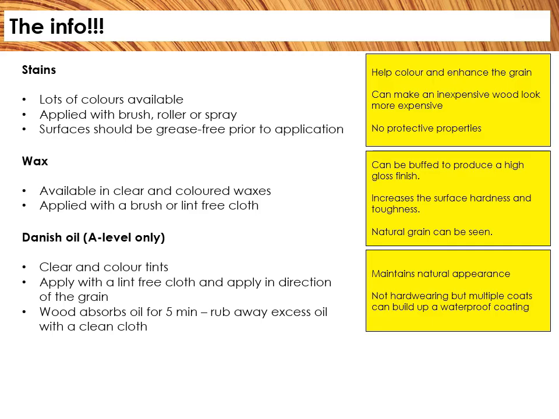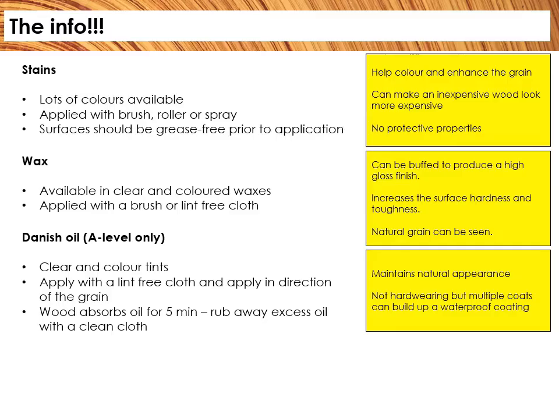But Danish oil, it's another one that is not the most hard wearing, but it maintains the natural appearance of the wood. You can get clear, you can get coloured tints. You apply it with a lint-free cloth, which basically means a non-fluffy cloth, and apply in the direction of the grain as we spoke about before.